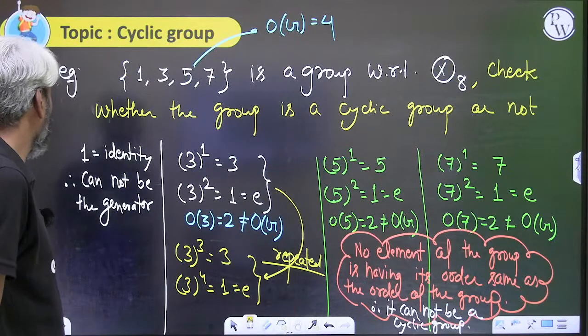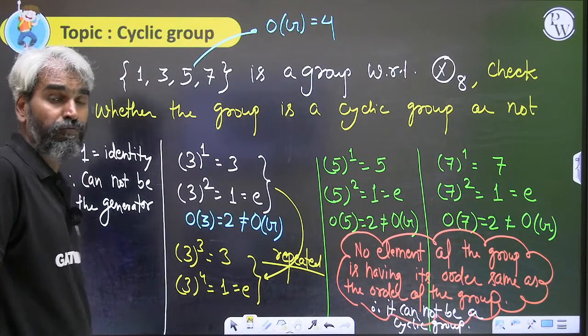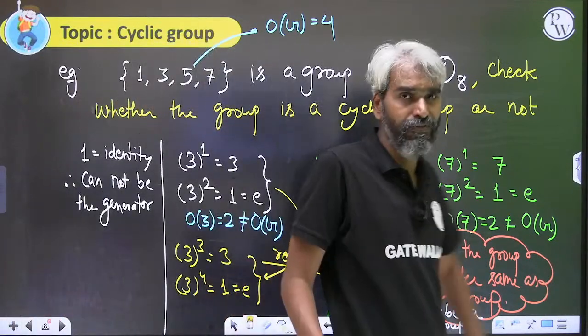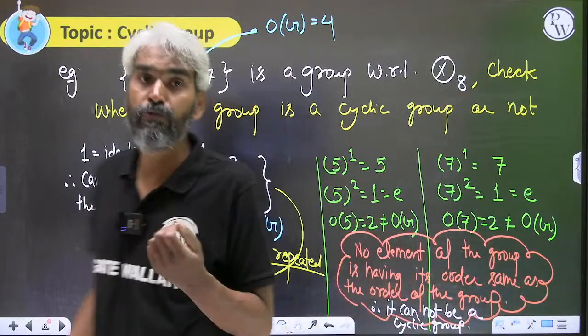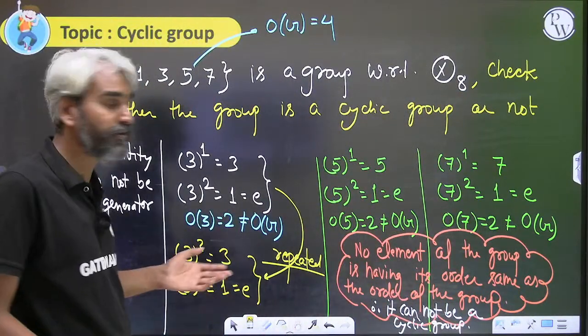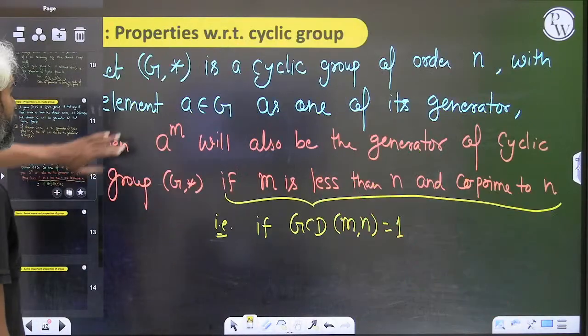Similarly, this is not a cyclic group, so we will not talk about it. First of all, to calculate how many generators there are, it must be a cyclic group. If it is not a cyclic group, there will be no generator at all. But if it is a cyclic group, then how many generators will there be?